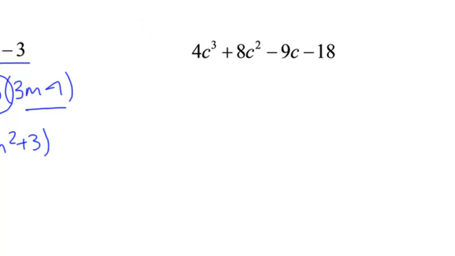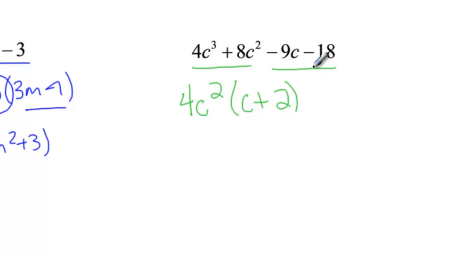All right, last problem here. We're going to group these 2 and group these 2. What's common between 4c to the third and 8c squared? Well, 4c squared, of course. That would leave me with c plus 2. What's common between negative 9c and negative 18? Well, negative 9, leaving me with c plus 2.